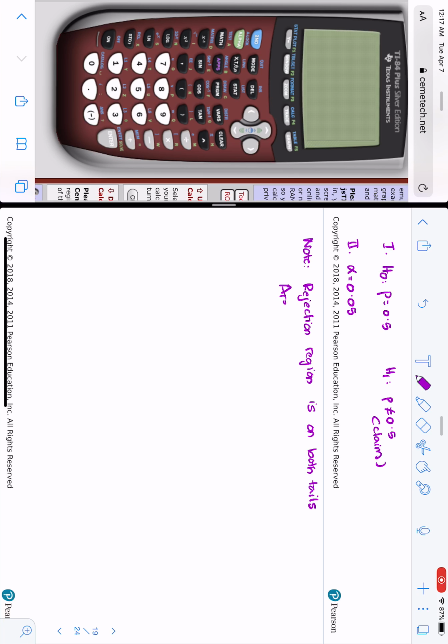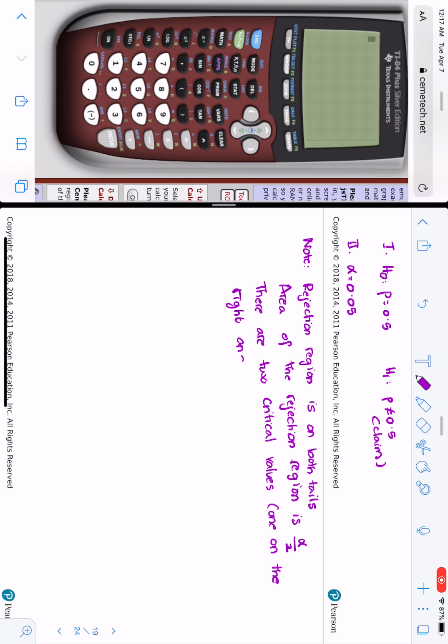The area of the rejection region is alpha over 2. There are two critical values, one on the right and one on the left.